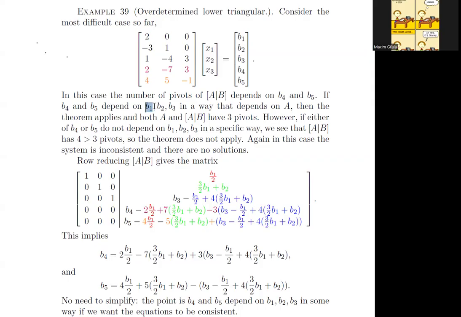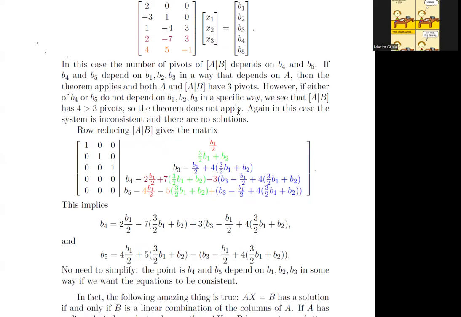B4 and B5 depend on B1, B2, B3 in a way that depends on this matrix. So if either B4 or B5 do not depend on B1, B2, B3 in a specific way, if we just pick them arbitrarily, then AB will have 4 pivots, so the theorem won't apply. And again, in this case, the system is inconsistent and there are no solutions.